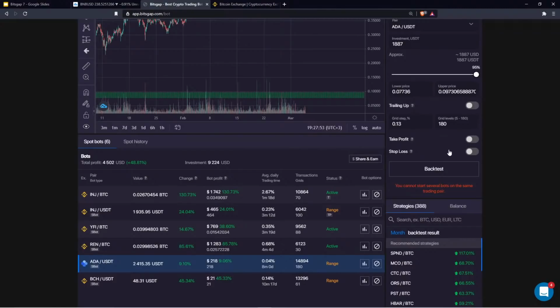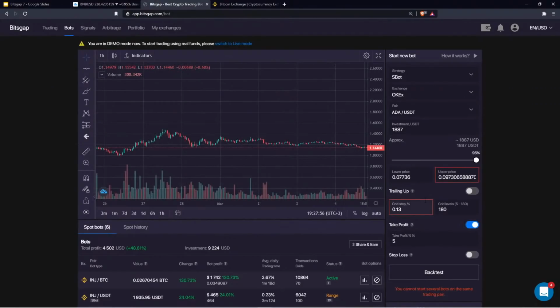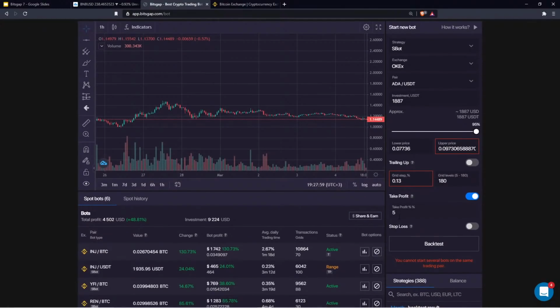So as soon as the investment change of your strategy reaches 20%, it will automatically close the bot. So it will just sell all of the base currency and that's it. It just realizes your returns, okay?